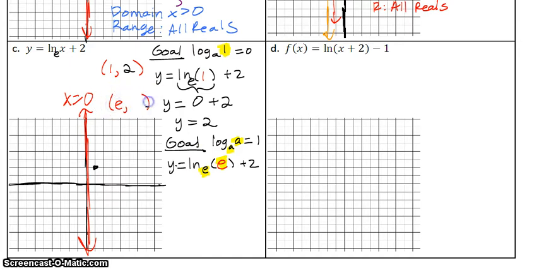Seems weird, but that's okay, because remember, e is approximately 2.7. So if I put an e, really I'm saying x equals 2.7. Because this and this are the same, that whole thing is equal to 1. And my y value this time is 3. So 2.7 comma 3 is my second point.